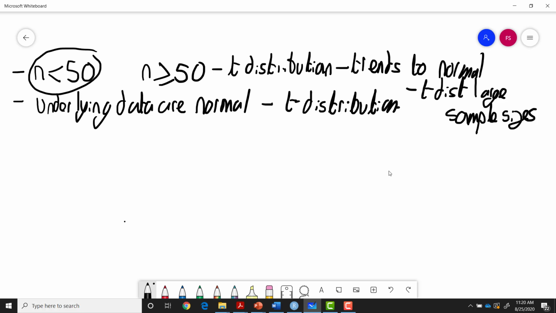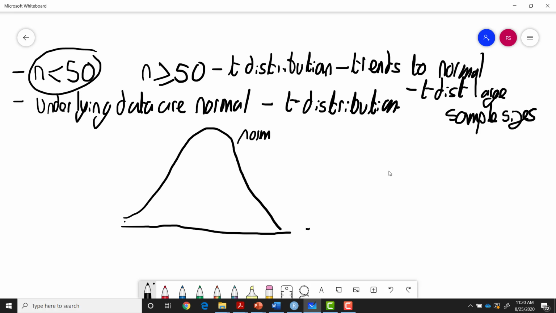Now, an interesting thing about the t distribution is it gets wider for smaller n's, which makes sense. You're less sure for smaller n's, so you have a wider distribution. This is the normal. And imagine that we have a t distribution.